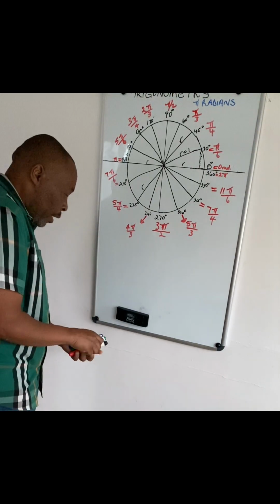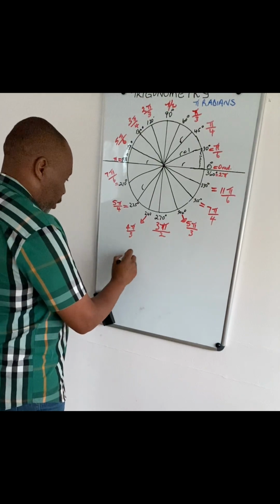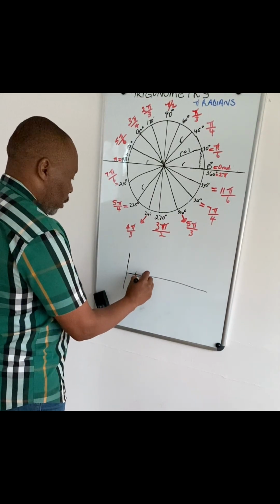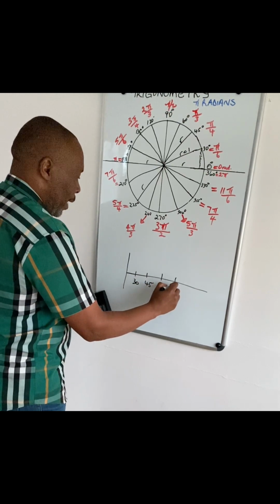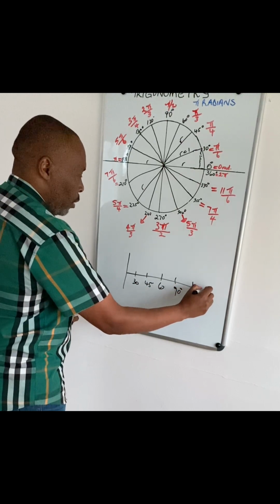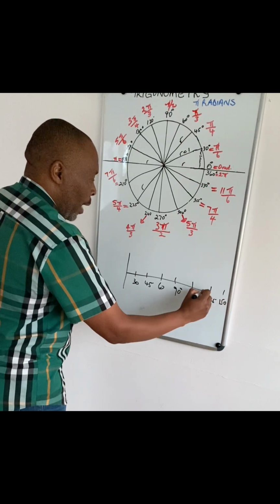For instance, if we are doing graphs, a trig graph would have your 30, your 45, your 60, your 90 degrees, your 120 degrees, your 135, your 150, and so on.